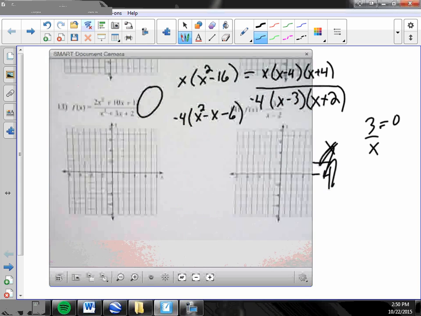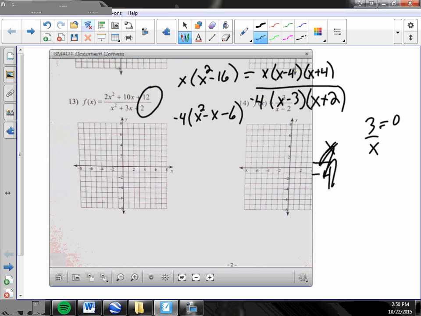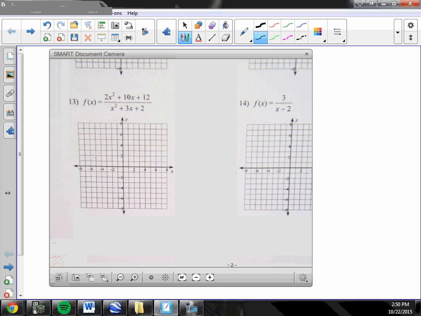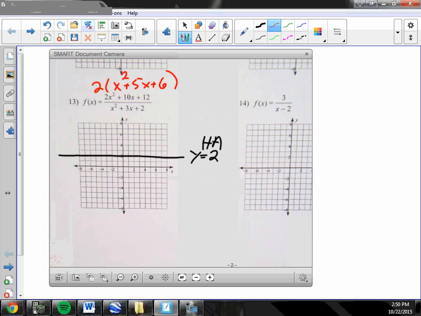To start off number 13, does it have a horizontal asymptote? We divide the first two terms, and I end up with 2. So y equals 2 is the HA. Okay? So I pull a 2 out of the top, x squared plus 5x plus 6.